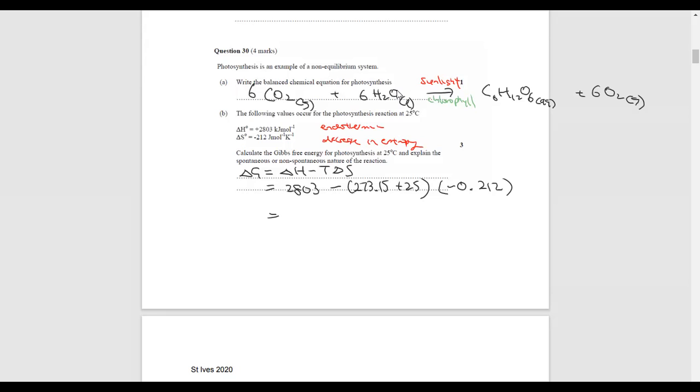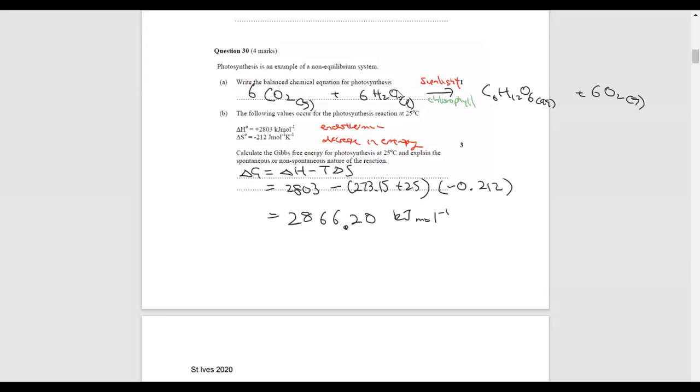So we will quickly work out the number, giving us an answer of 2866.20 kilojoules per mole. And keep in mind, of course, you want to pay attention to significant figures. So you really only have 3 significant figures.